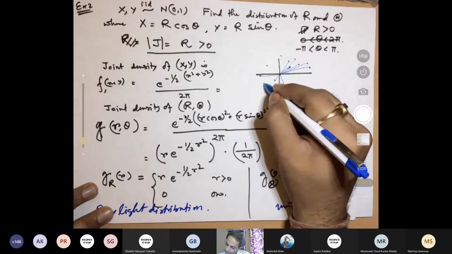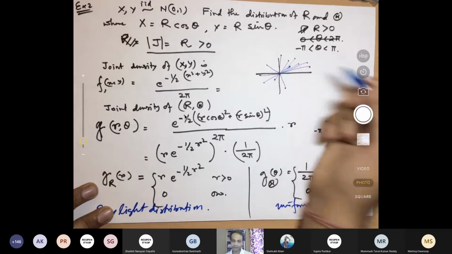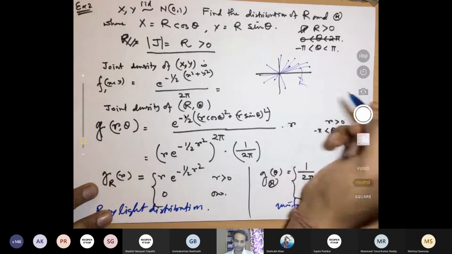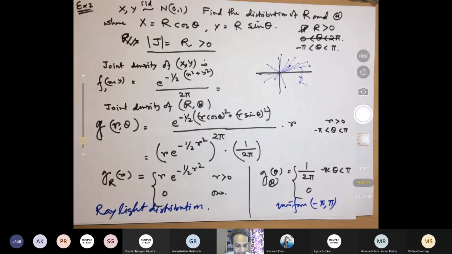All these blue lines are the different values of r for different pairs of x, y. That's why this is known as the Rayleigh distribution.